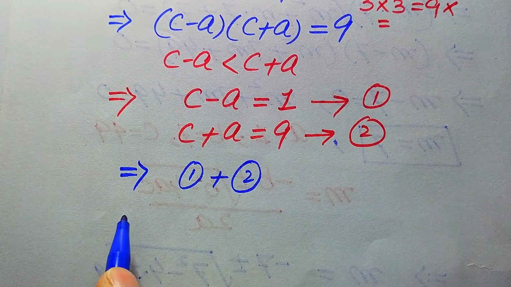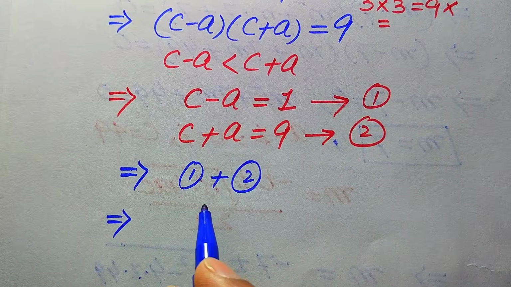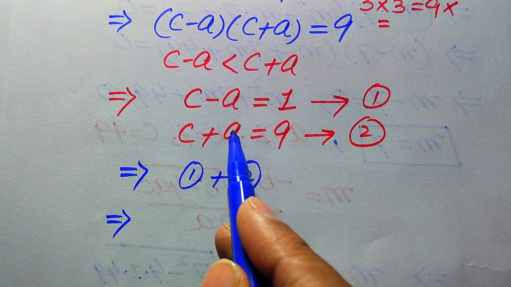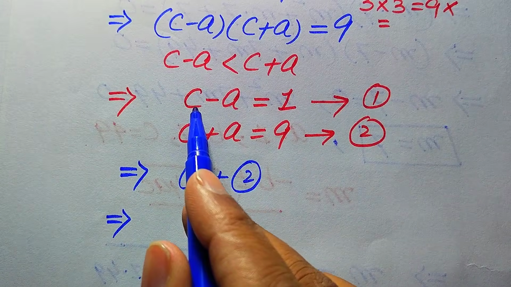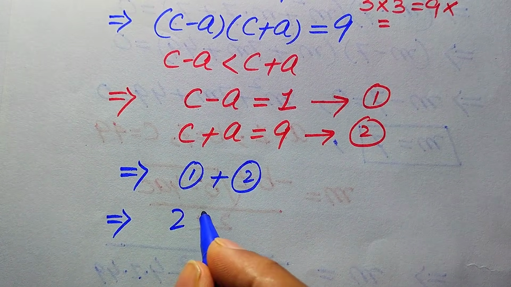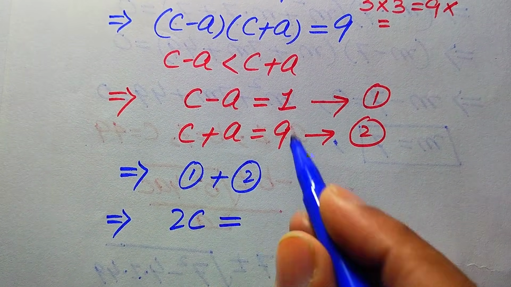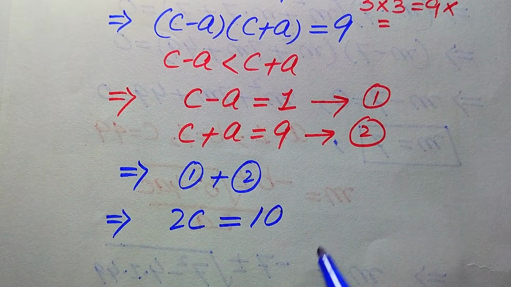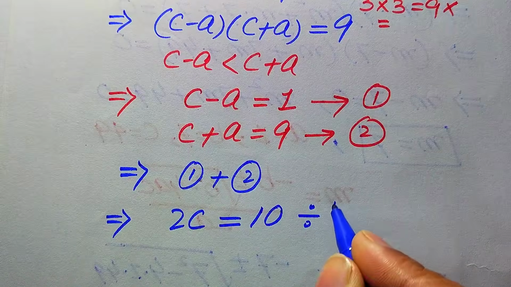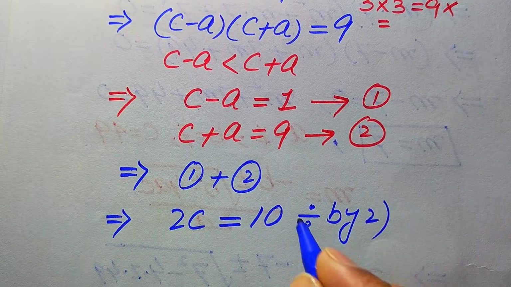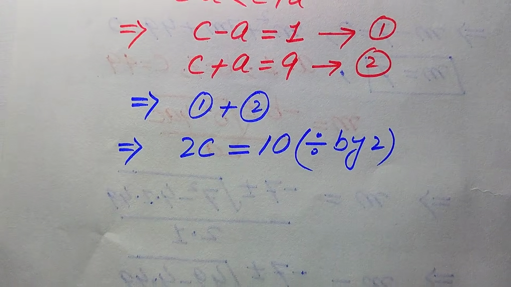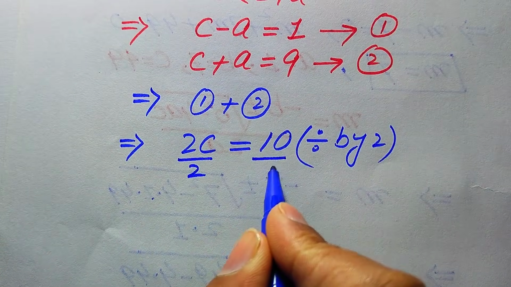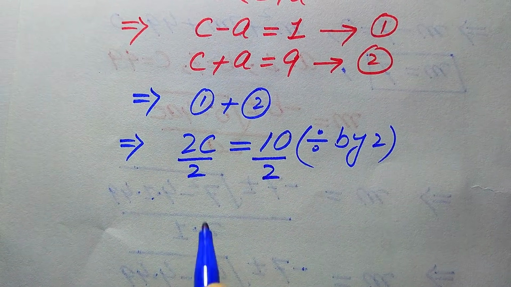When we add both equations, minus a and plus a cancel each other and we get c plus c equals 2c equals 1 plus 9, which becomes 10. Now we divide both sides by 2, so 2c divided by 2 equals 10 divided by 2.